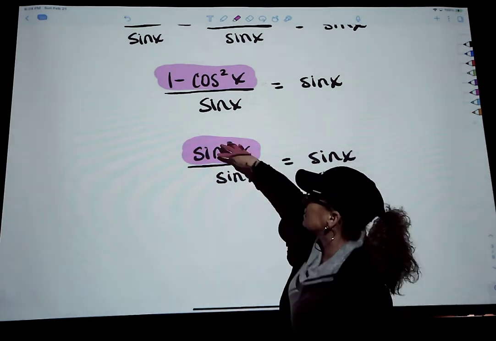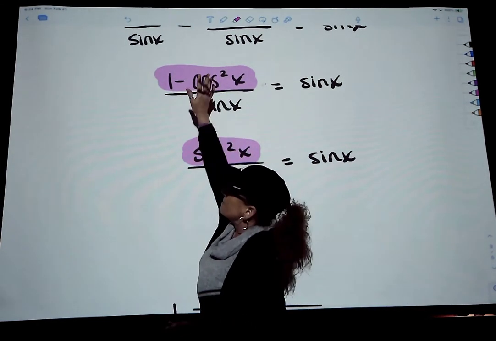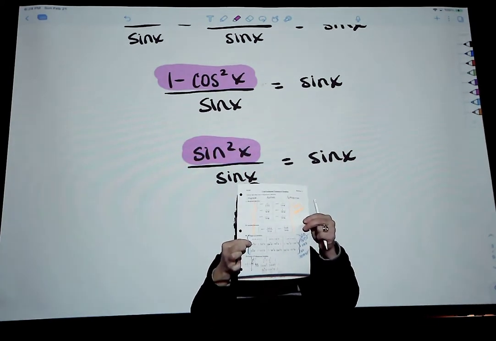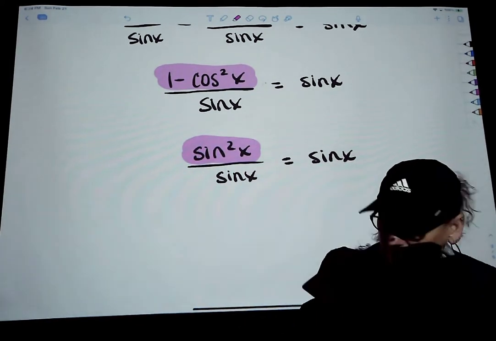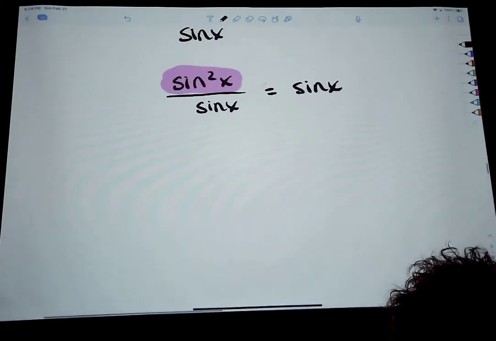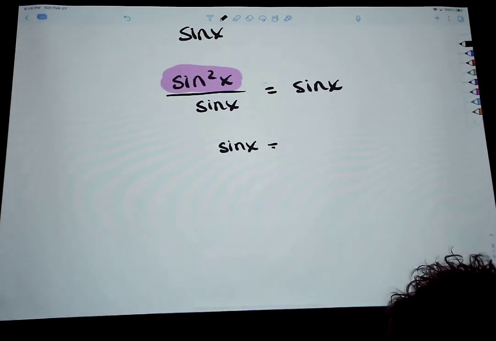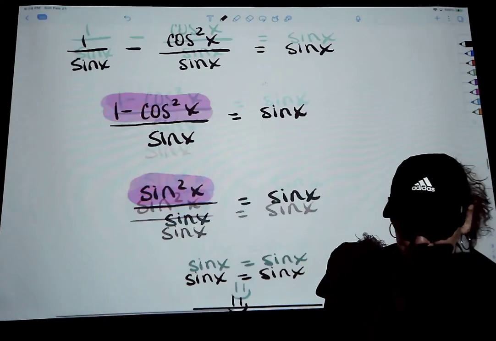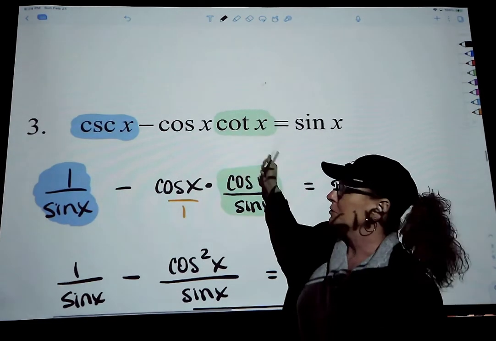Okay, so I substituted this for this. And in case you're getting lost, it came from right here. And now I'm going to reduce or cancel or whatever you want to call it. And I've got sine of x on the left, sine of x on the right. And we just proved that that's a true identity.